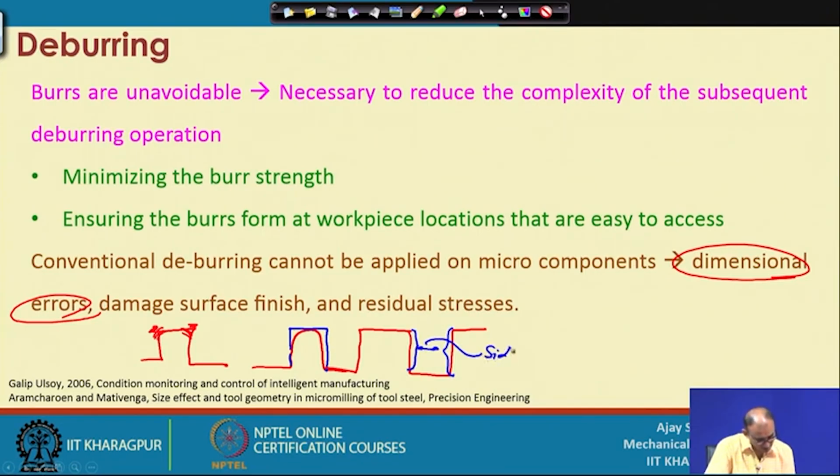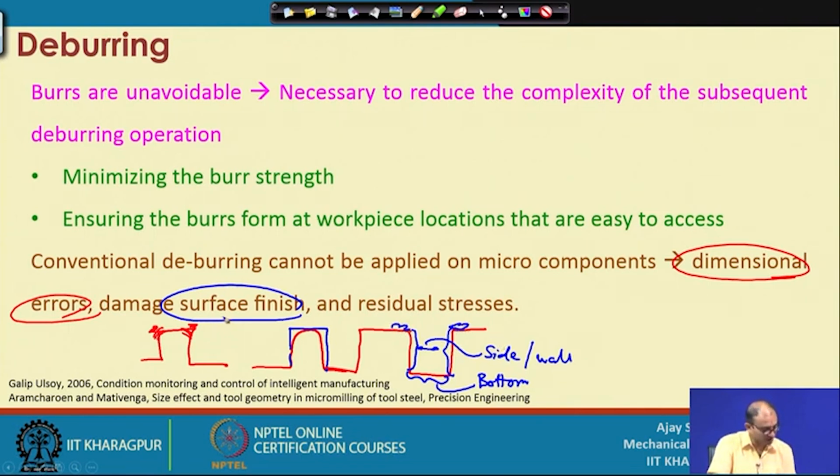So, this is the side or the wall, and this is the bottom, correct. So, this has a feature. If you have maintained these features, or maintained whatever surface finish you want to achieve, that is accepted, but you have some burr formation here.